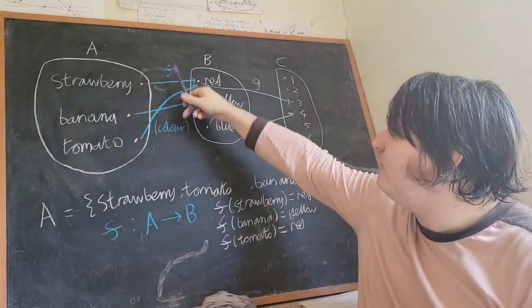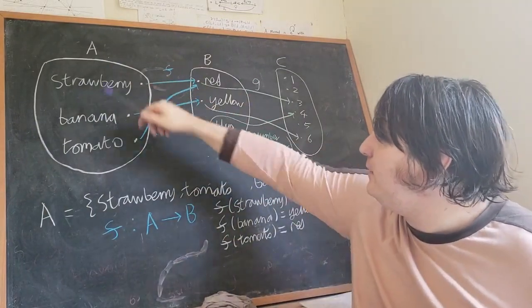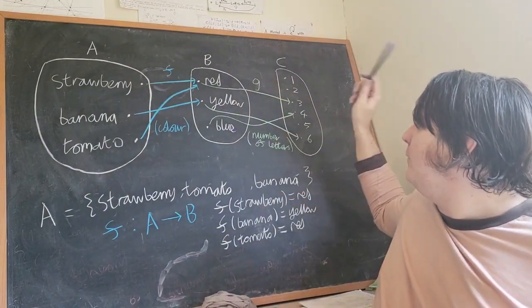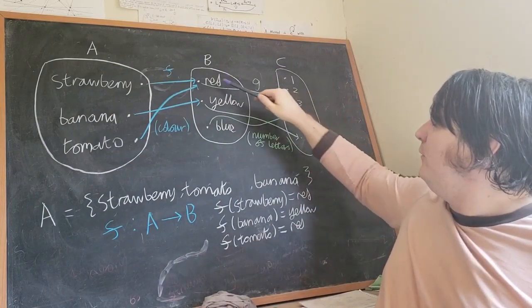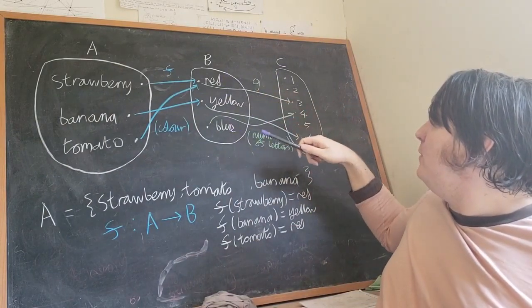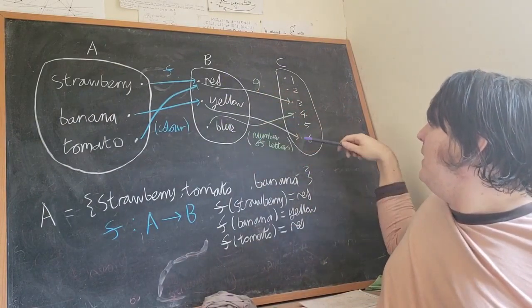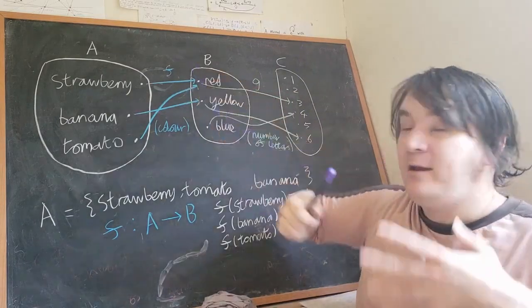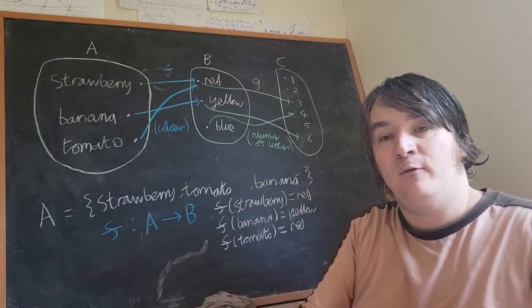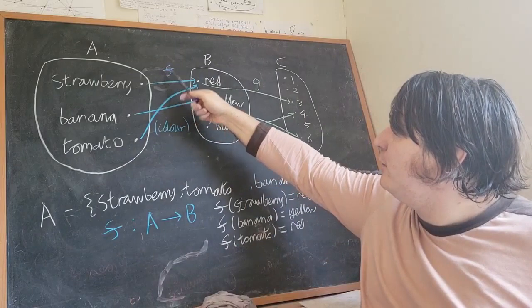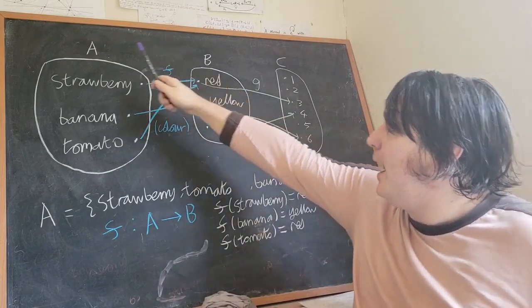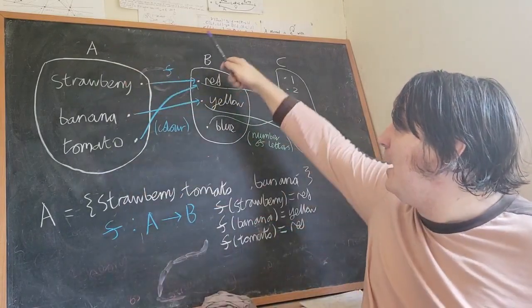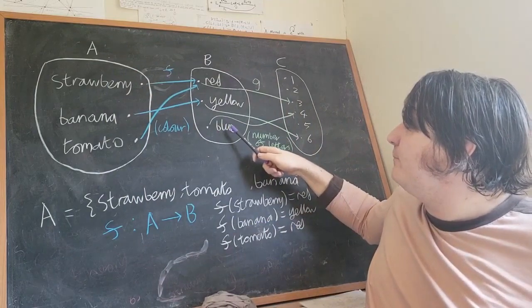So here we have this function f, sending these fruits to their colours. We have another function g, which sends the colour to the number of letters in that colour. So the idea is that we can compose these functions. Every function, like this one f for example, has a source set and a target set.